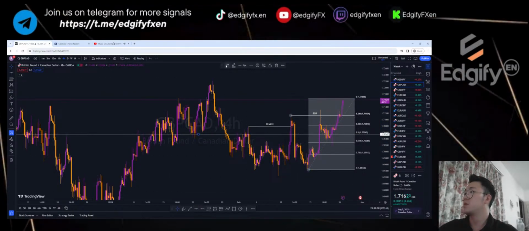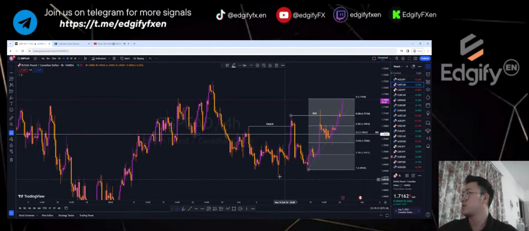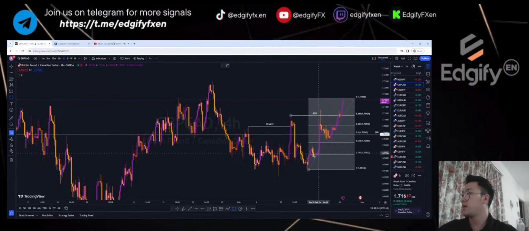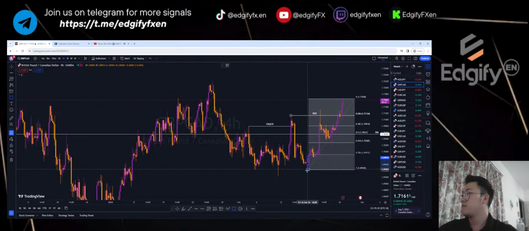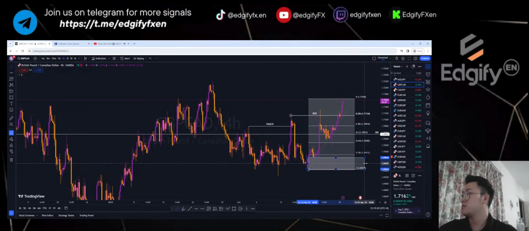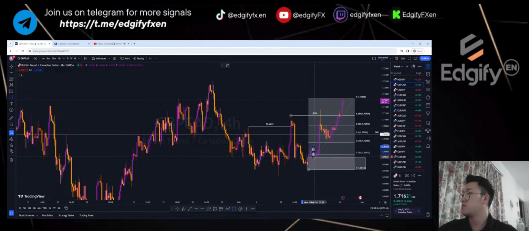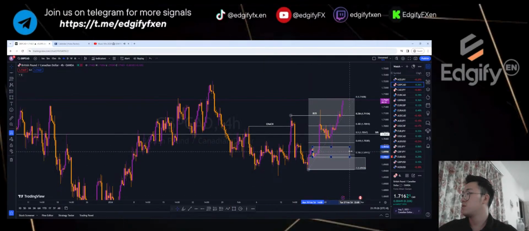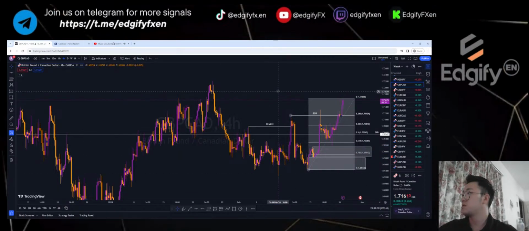Alright, the current market price, then this will be if the price is going to react towards the downside. So I'll be looking for buys. I have this level here. I also do have this level. So I'll be looking at something like this.